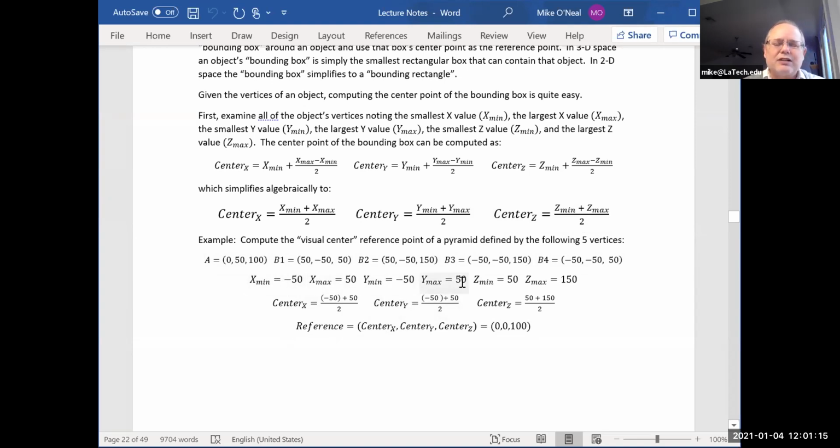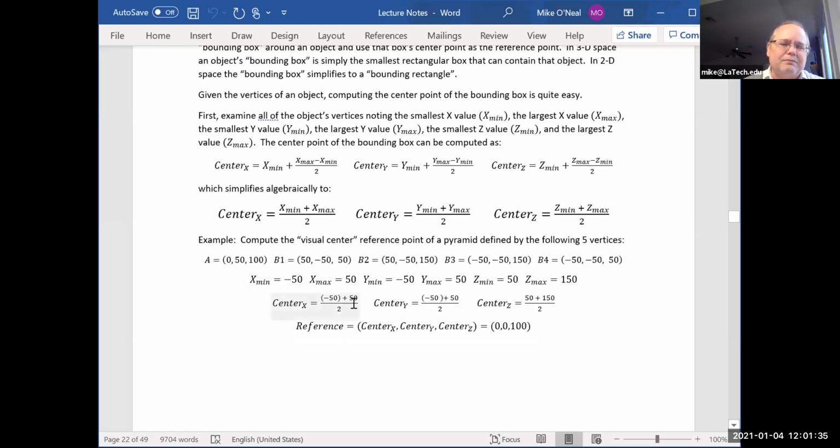Same thing in y, between minus 50 and 50. And in z, the smallest z, let's see, we've got 100, we've got 50. 50 is the smallest z. And what's the biggest z? 150, 150 is the largest z. So you plug these things in.